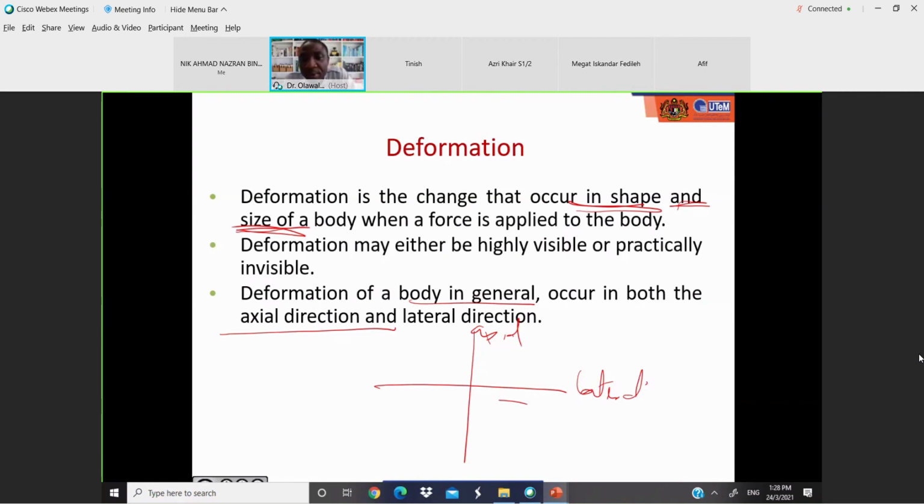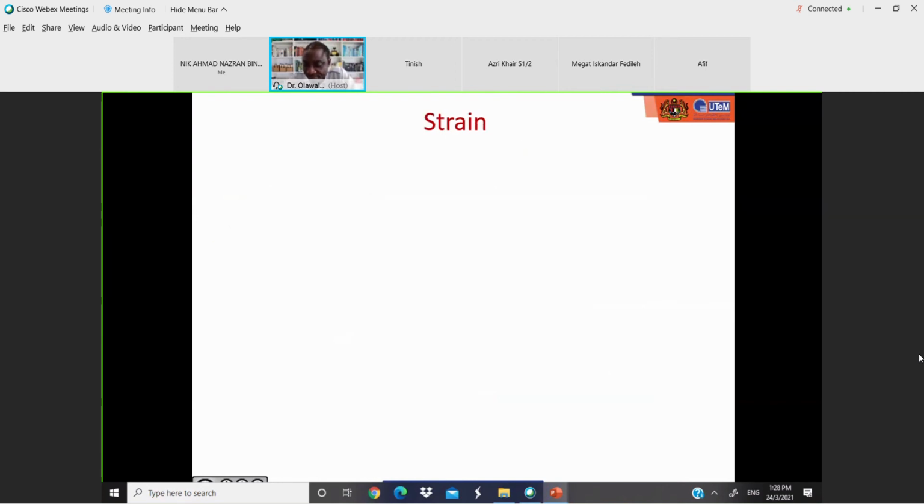Right. So with that, I'll be looking at strain, because deformation is going to give me what I call strain. Now, I'm going to look at something here.